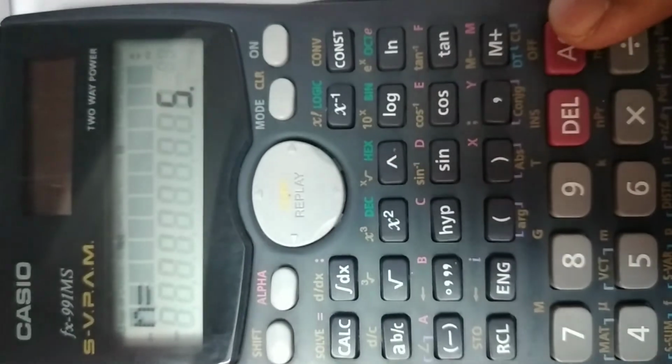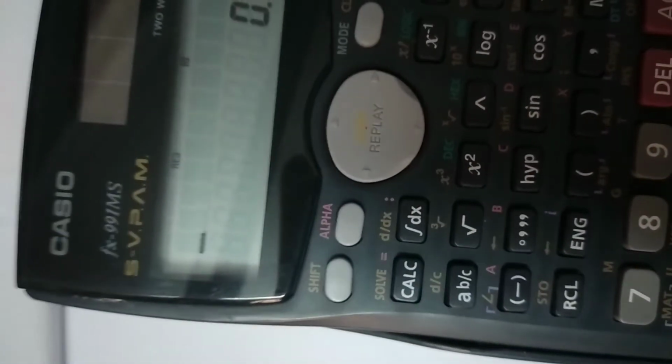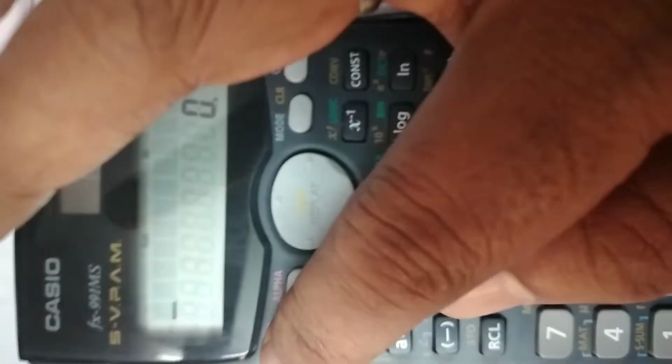Then you press the AC button. So you see, then no observation here. Now what we have to do is go for shift. Shift is the operation in this button. Now you go for shift.